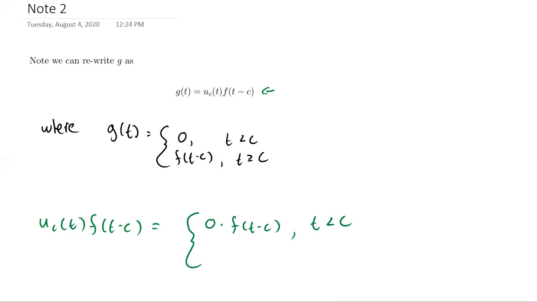Now for t greater than or equal to c, u sub c of t becomes 1, and this is just the same. You see that this is exactly the same as g of t. So using step functions, we can rewrite a piecewise function as a product of a step function times a shifted function. That's the first useful thing that we're going to use.